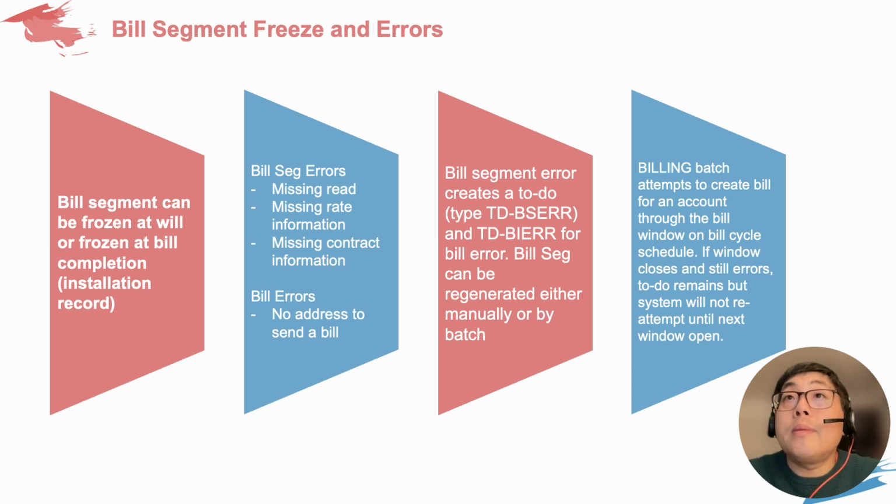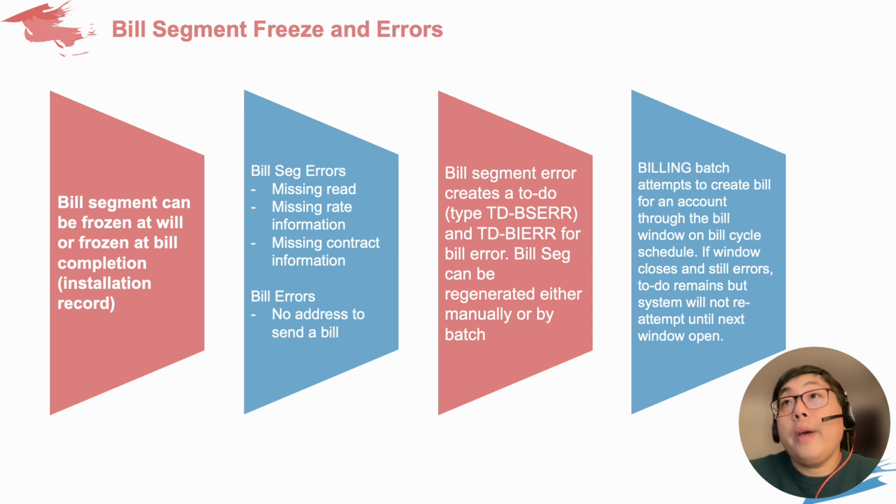Bill segments in error can be regenerated either manually, or the batch will regenerate and retry it. Remember when we talked about the bill cycle schedule, between the window, let's say you run the billing batch every day, this bill segment will be regenerated until the bill end date.